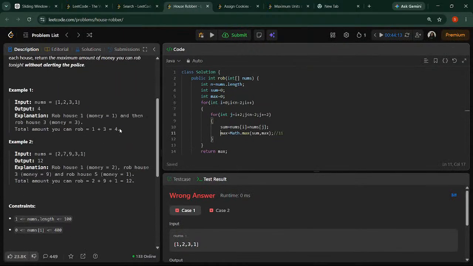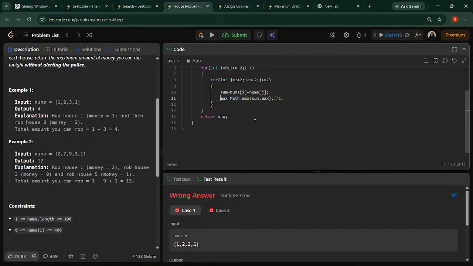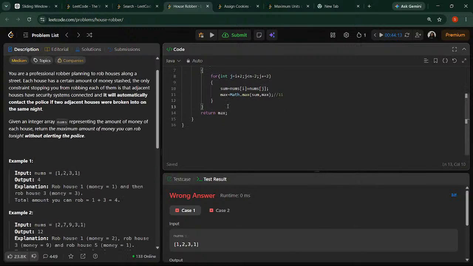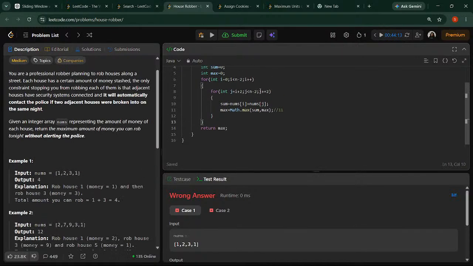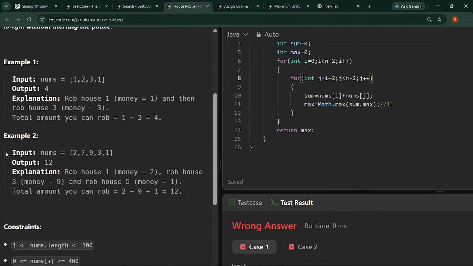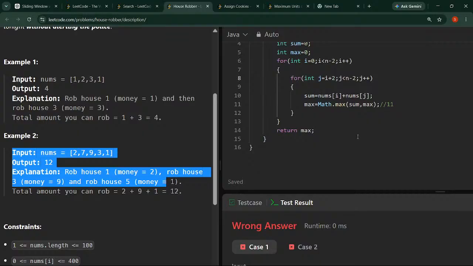I think I should do this question tomorrow because it is going to be 4 o'clock soon. So what if I give this approach to ChatGPT? Like, I know I am kind of not considering more than 2 houses in this logic, and I have to consider as many as the houses, but they should not be adjacent.